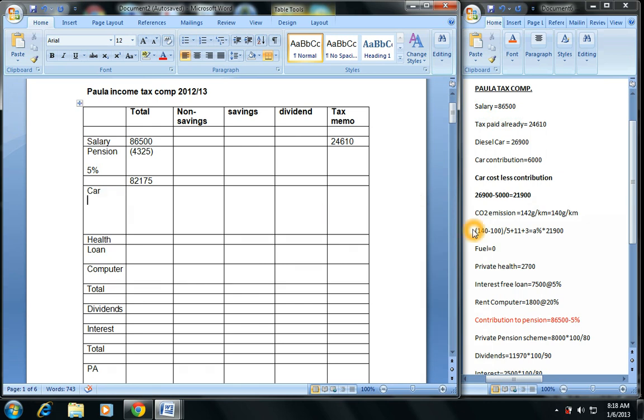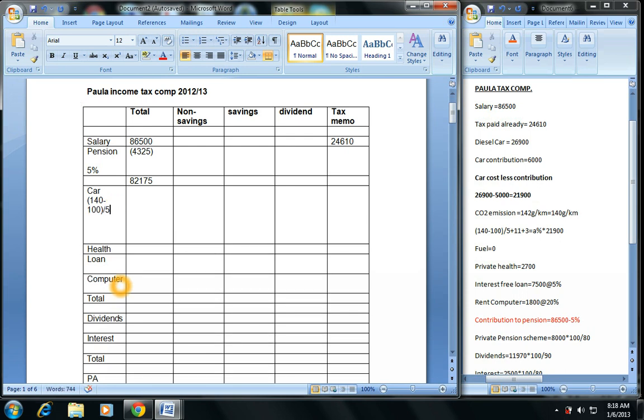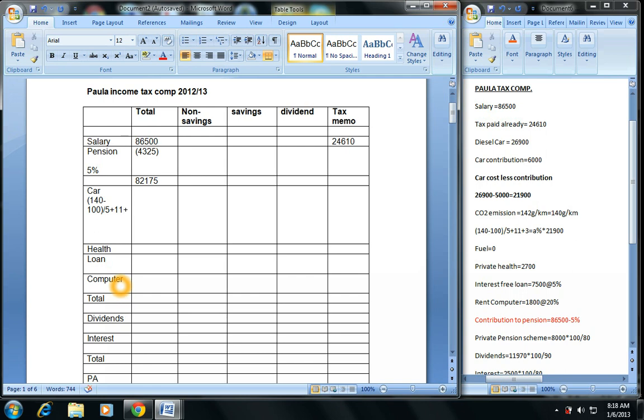We said CO2 emission is going to help us, so we put 140, minus 100, as we said earlier, 140, then we divide by 5, and the percentage that we get, we add 11% to it, but this is a diesel, as I said earlier, so we add an extra 3% because it's diesel.